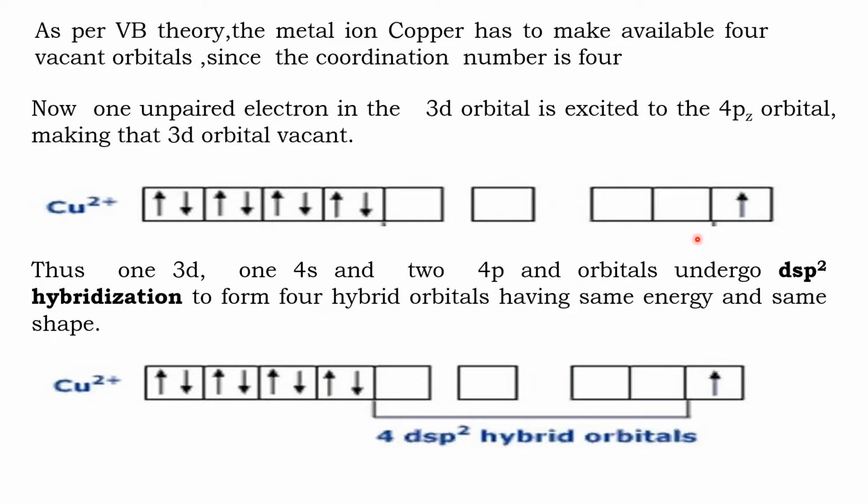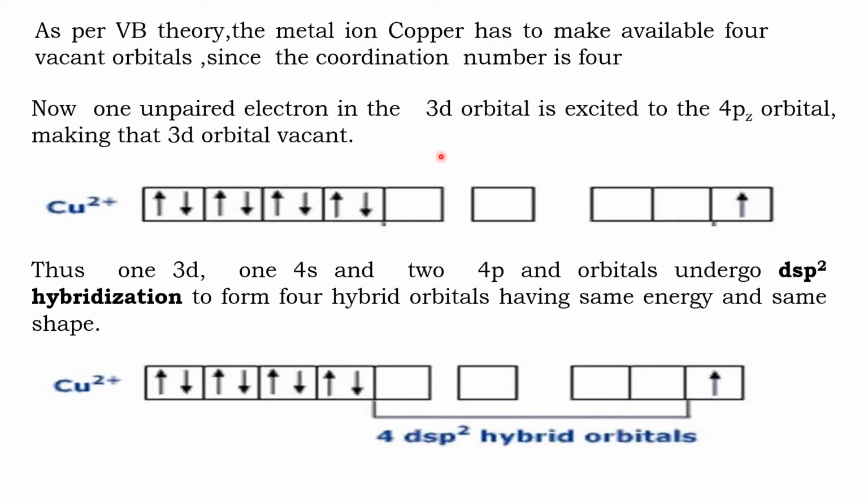We expected an sp3 hybridization, but actually the electron from the d orbital got excited to the pz orbital, and now 4 orbitals are vacant. Which are the 4 orbitals? One 3d, one 4s, and two 4p orbitals.